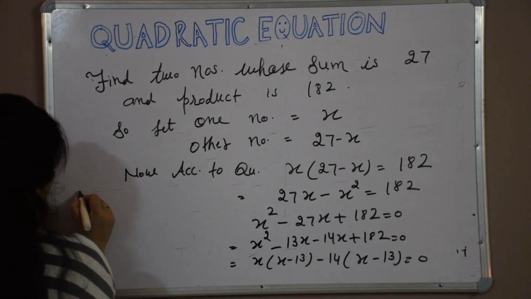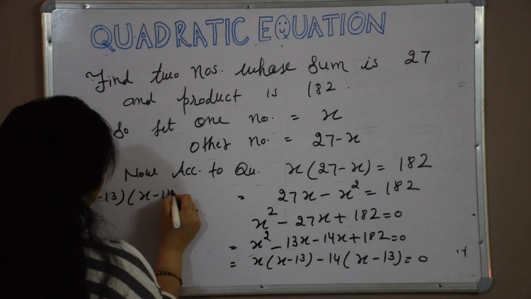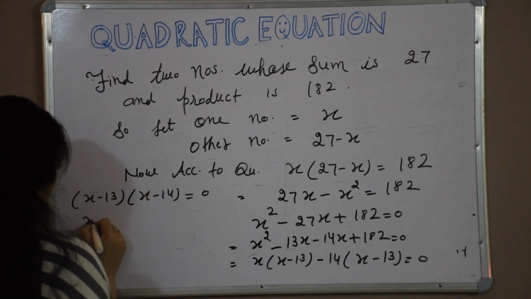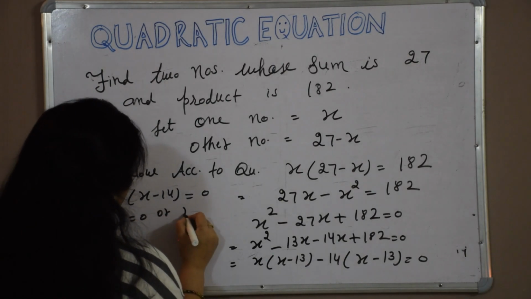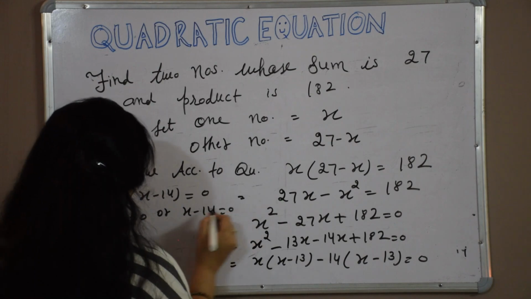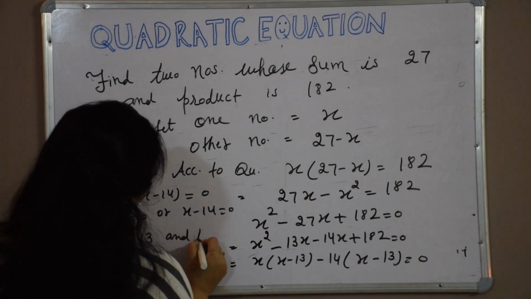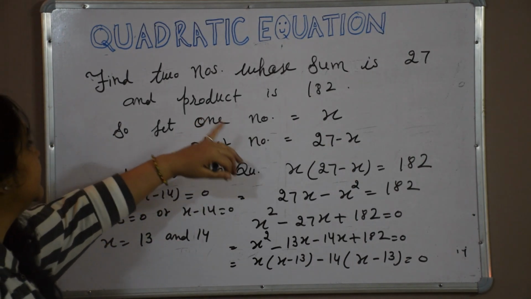Afterwards see here, x minus 13 times x minus 14 equals 0. So the product of two numbers is 0. We can write x minus 13 equal to 0 or x minus 14 equal to 0. So x is equal to 13 and 14. There are two values of x which satisfy the given condition.